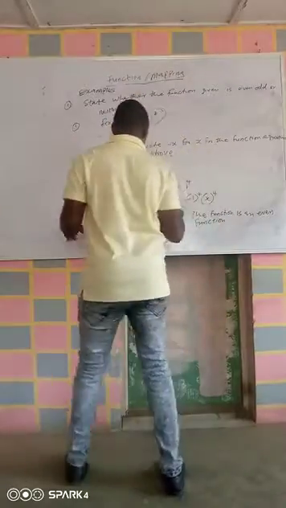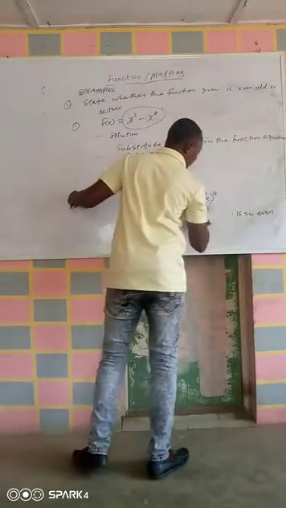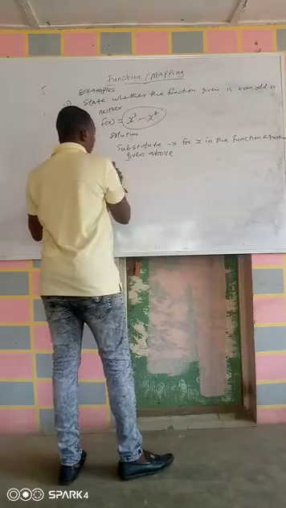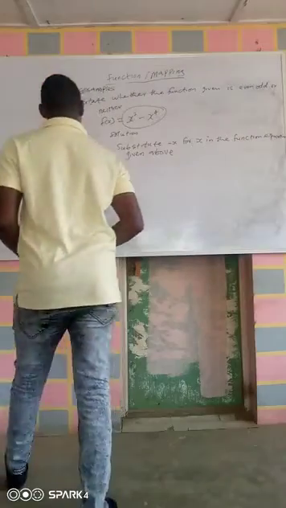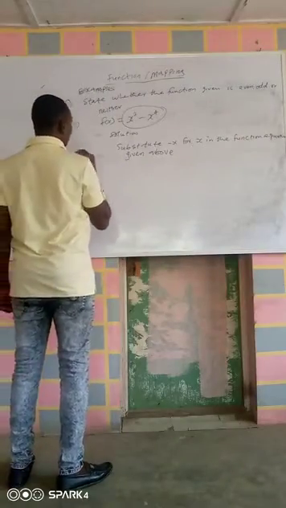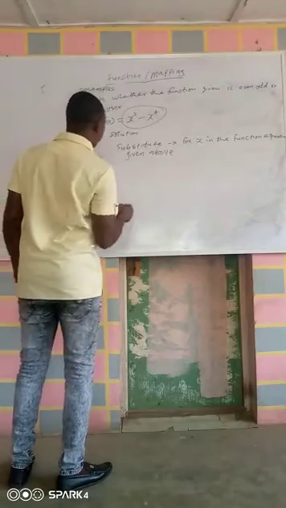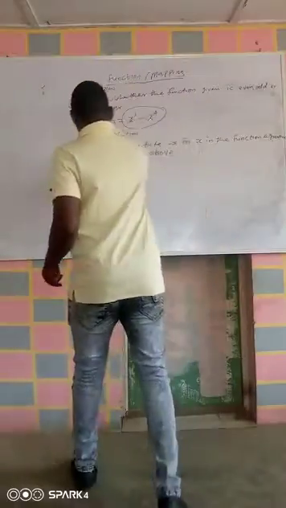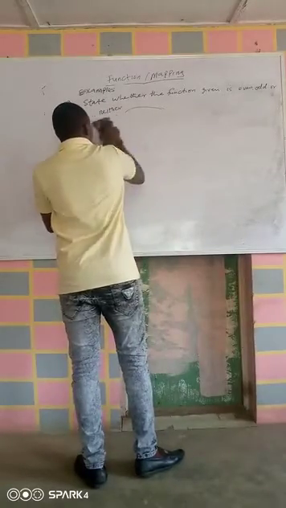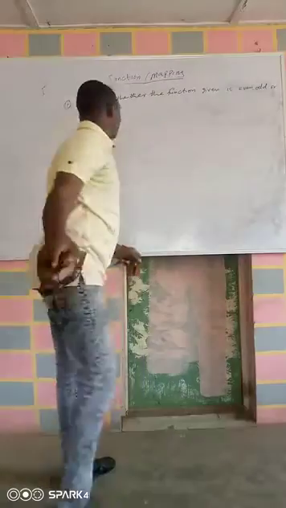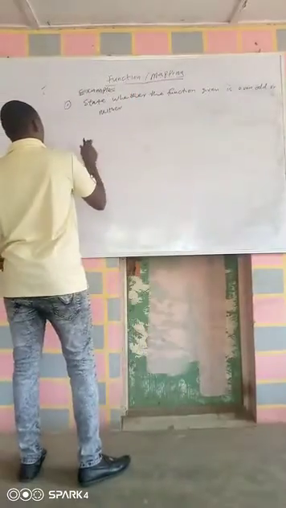So let's take other examples and see what we can get. Look at example 2. Let's take it with even or odd. Let me delete this one. So we can also state whether this is odd or even.